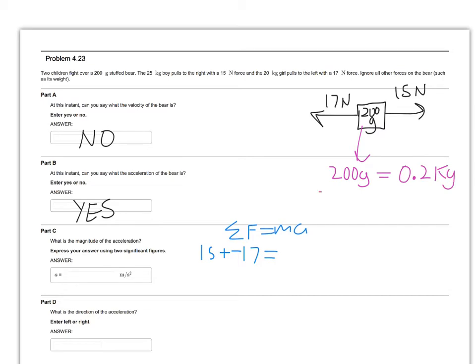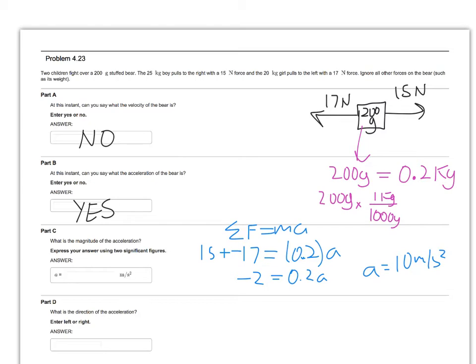We could write out that conversion, 200 grams times 1 kilogram over 1,000 grams, and that gives us 0.2 kilograms as our mass. That's our standard unit for mass, kilograms, times our acceleration. So we end up with negative 2 equals 0.2a, which means my acceleration here is negative 10 meters per second squared.